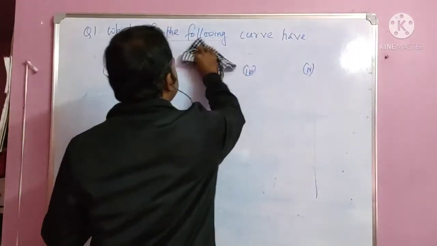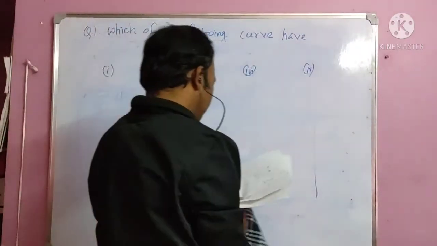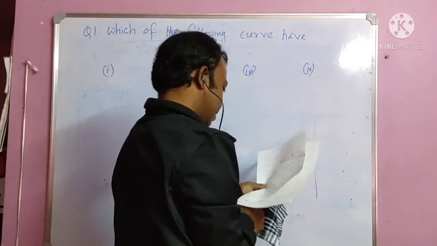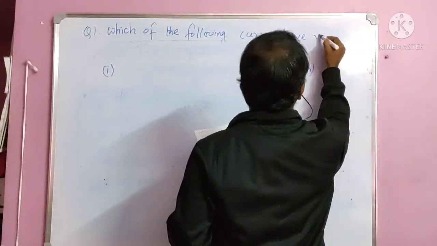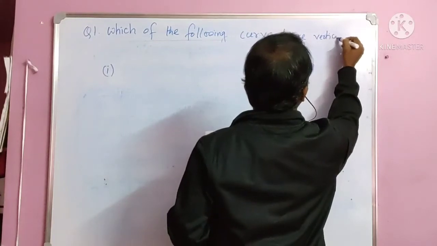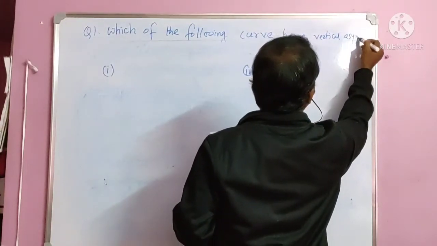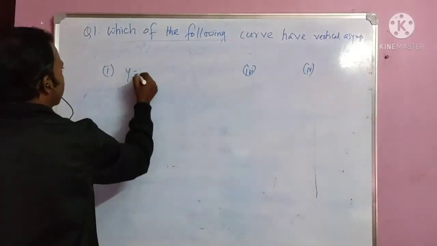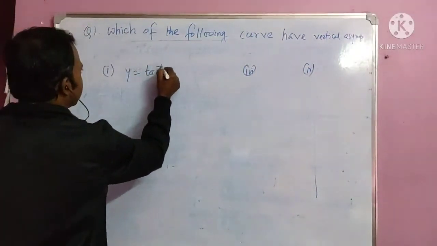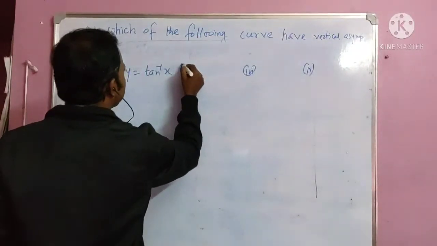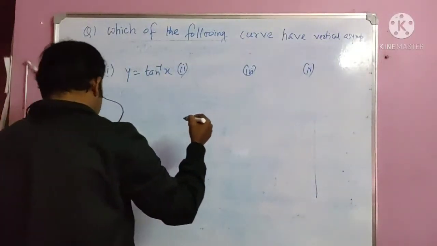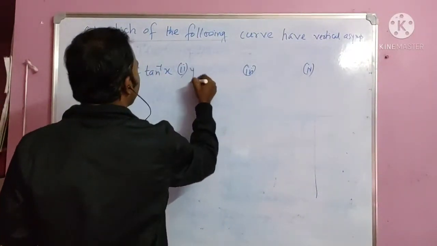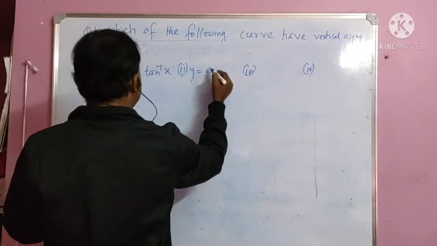The next question is, which of the following curves have vertical asymptotes? Okay, vertical asymptotes. Number 1 is y equals tan inverse x. Number 2, y equals e to the power x.